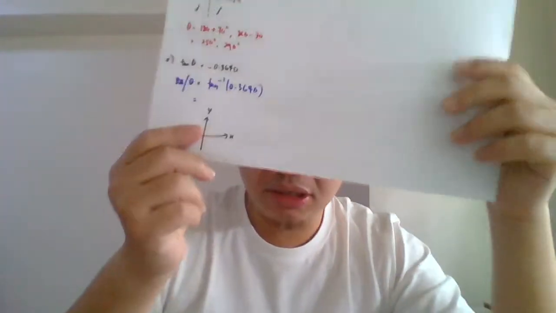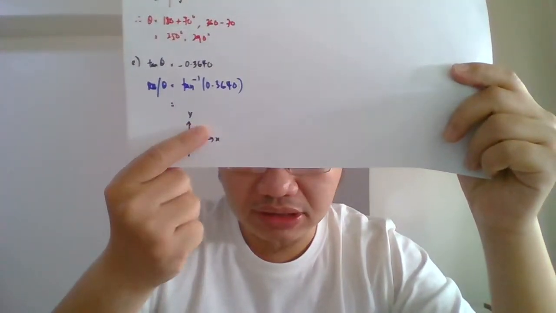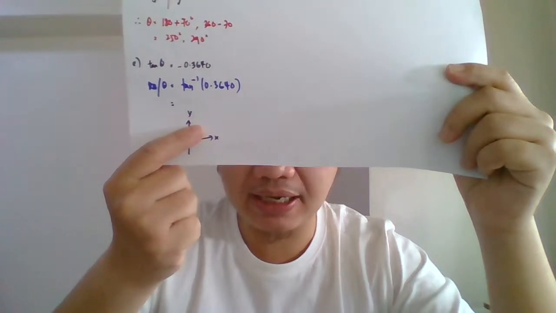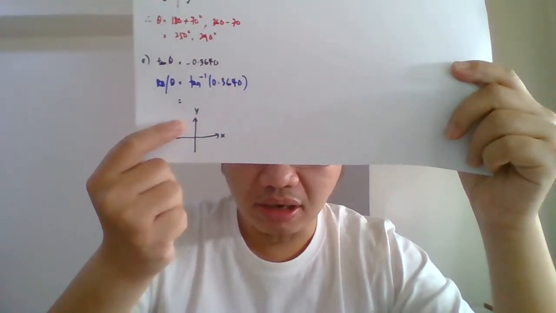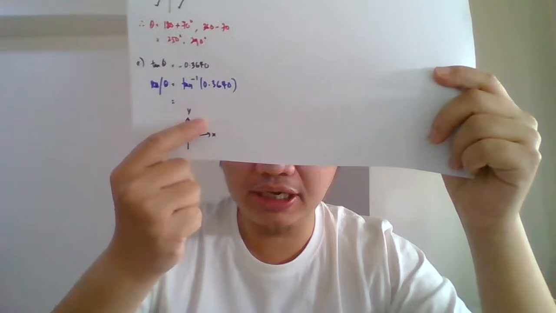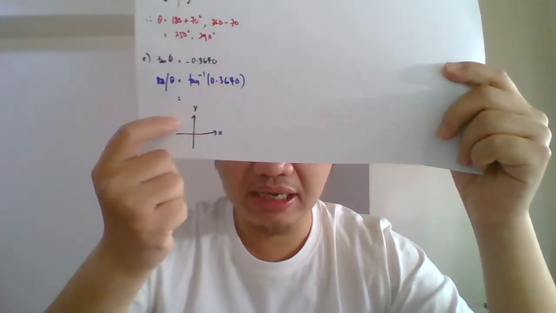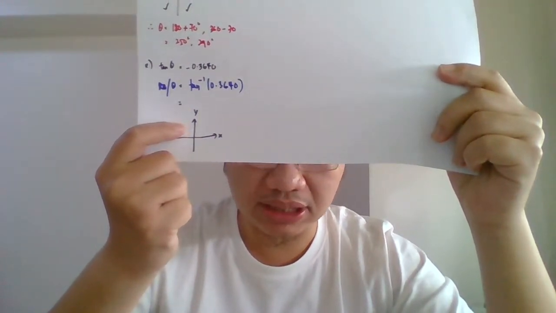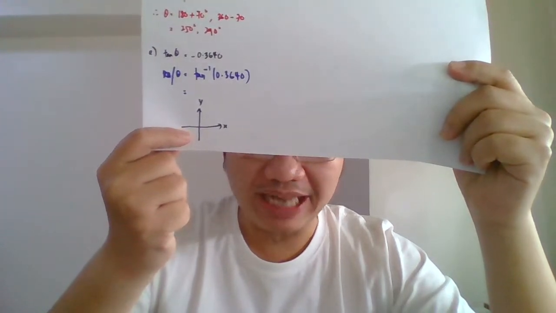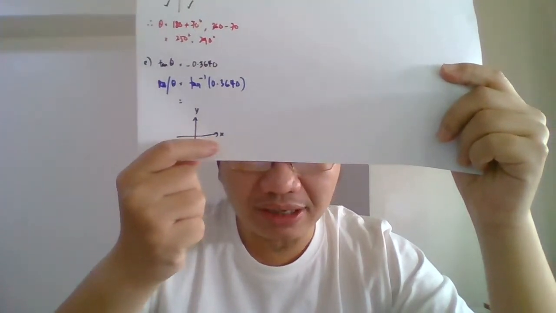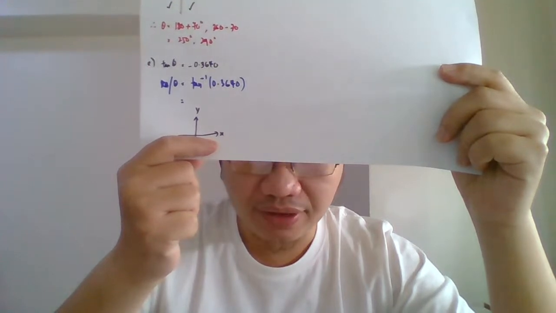According to the law of quadrants, the first quadrant always gives us a positive answer for all sine, cos, and tangent. The second quadrant will be sine positive, the third quadrant will be tangent positive, and the fourth quadrant will be cos positive.